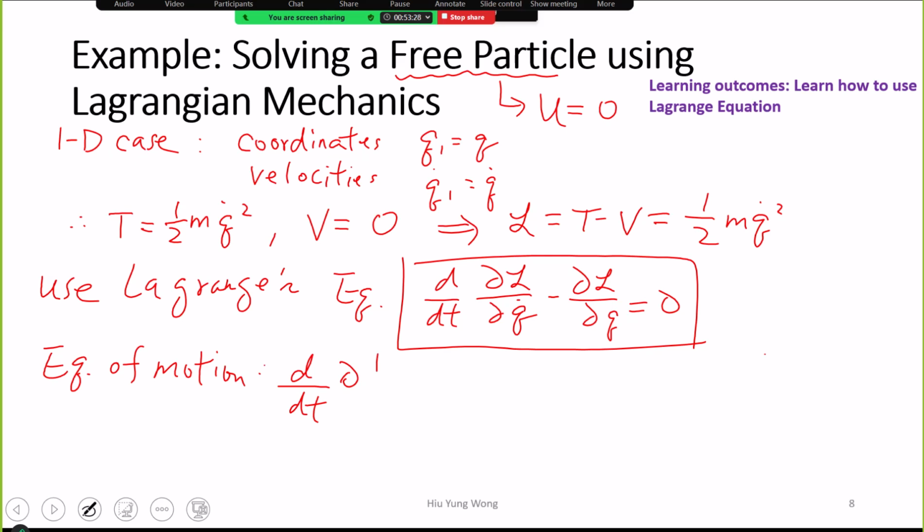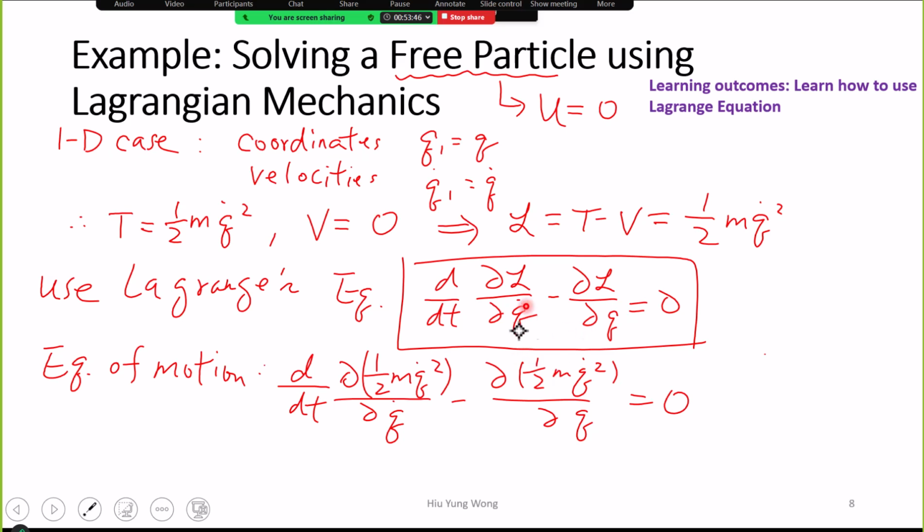L is 1 over 2 m q dot squared, right? Minus the whole thing, partial of 1 over 2 m q dot squared partial q, equal to 0. Right? What did I do? I just substituted L, the Lagrangian, half m q dot squared, into this equation.